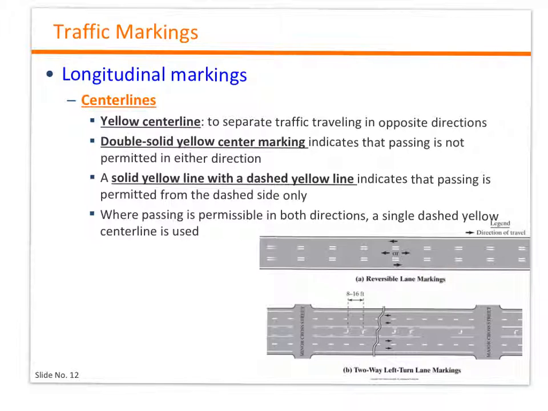So again, we're having here two lanes going left, two lanes going right, and a lane in the middle serving as a left turn lane that is used for the two directions. You can turn left for the cars going to the right, or also turn left for the cars going to the left.